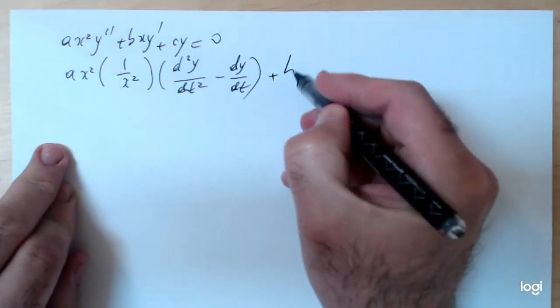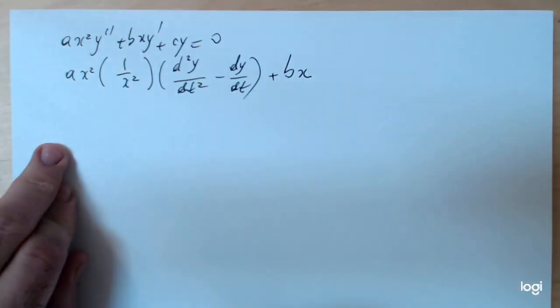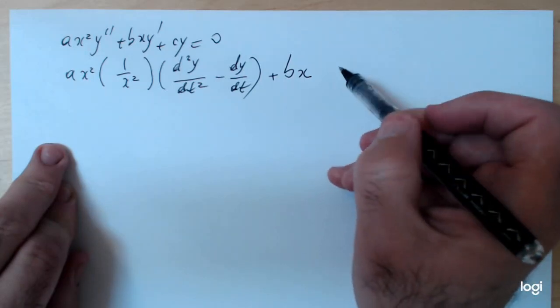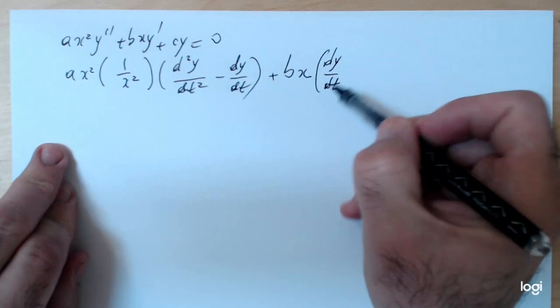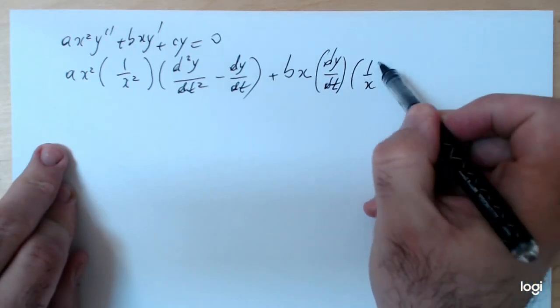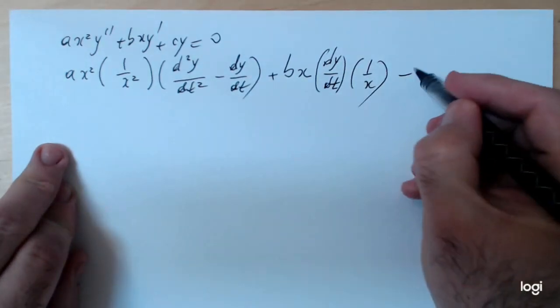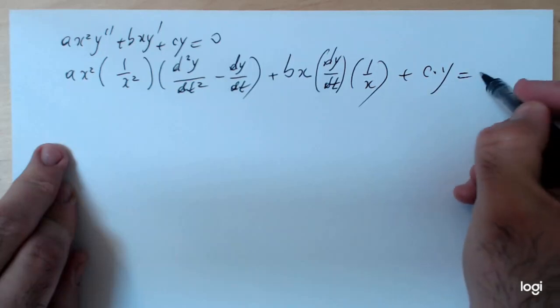And then the middle term is bxy prime, which previously can be written as dy dt times 1 over x, and of course plus c times y equals 0.